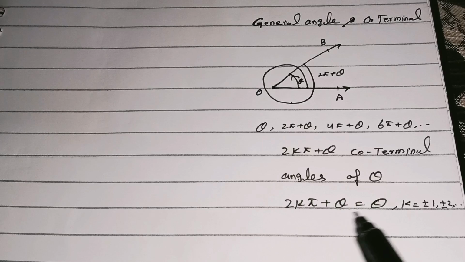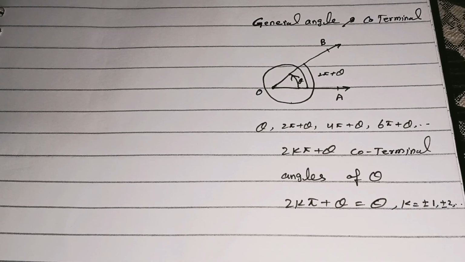Due to this relation, any greatest or smallest value of the angle can be reduced to a small positive theta, where theta is any quadrantal angle from 0 to 2 pi.